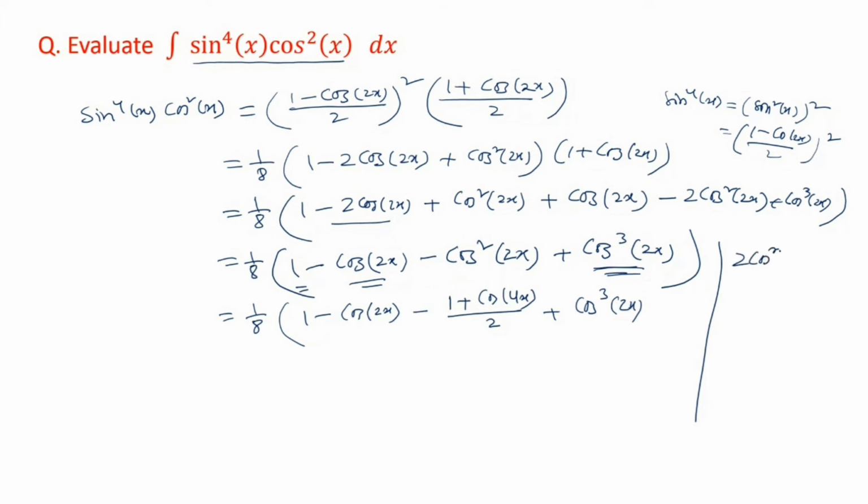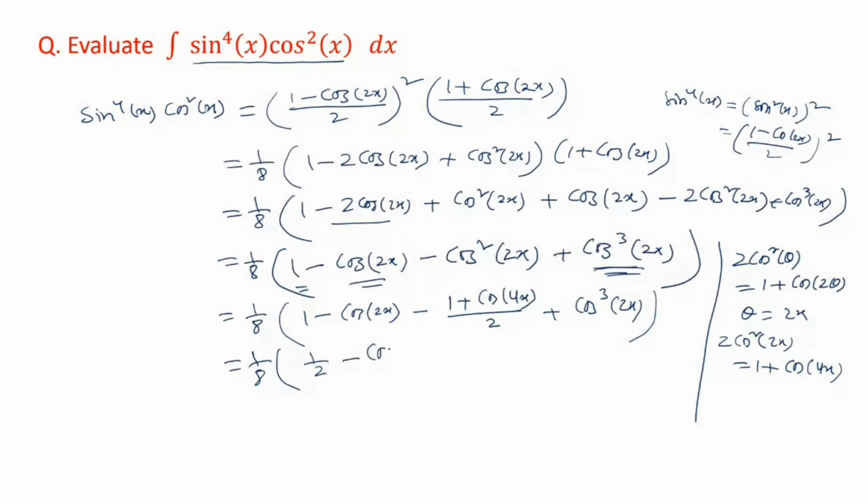So here we apply rule 2: cosine square theta is equal to 1 plus cosine 2 theta over 2. Put theta equal to 2x. So you will get 2 cosine square 2x equal to 1 plus cosine 4x. So this gives you 1 over 8, 1 and a half, so half minus cosine 2x, minus 1 over 2 cosine 4x, and cosine 3 of 2x.